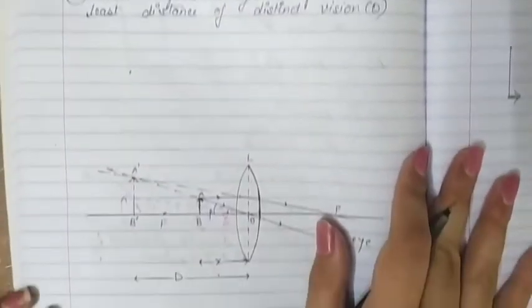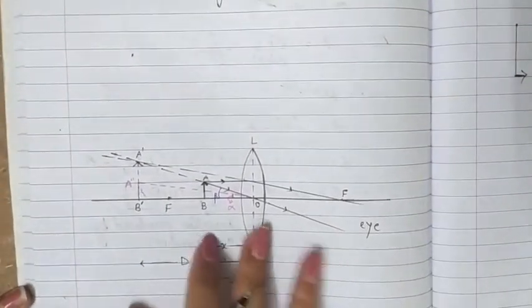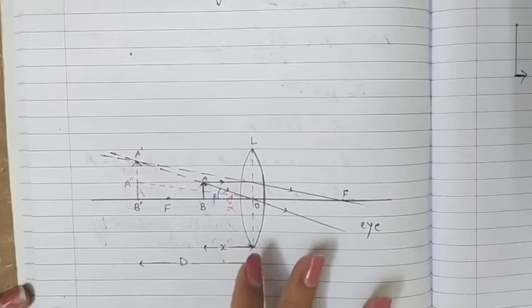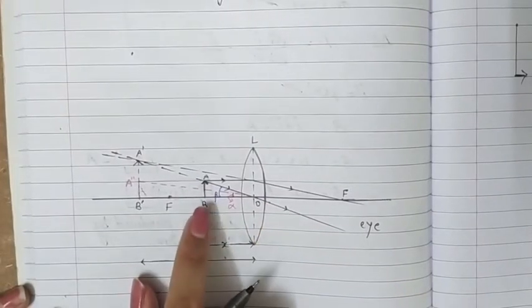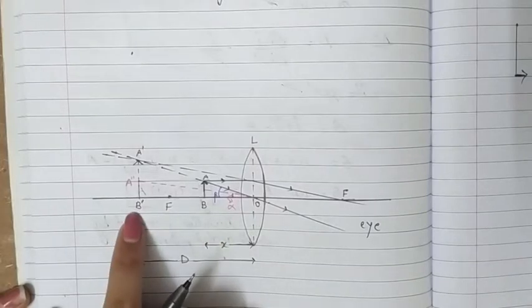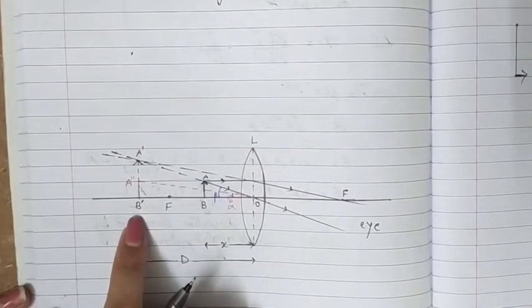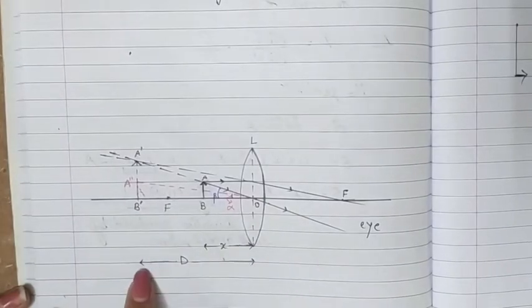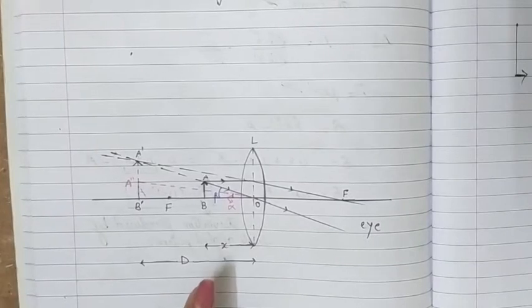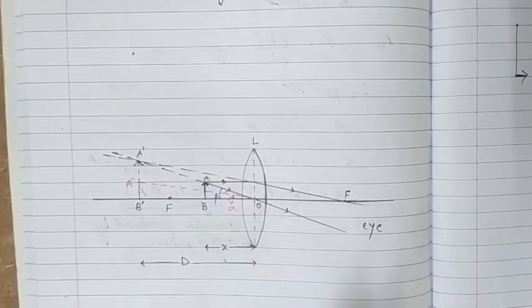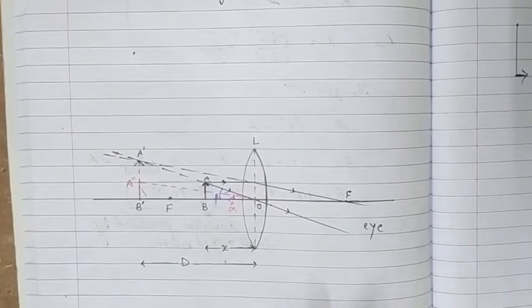the ray diagram here. Okay, so here the final image that we get for the object AB, this is the object AB, and the final image for this object we get is A dash B dash, which is at the least distance of distinct vision, that is capital D. Alright, so now we are going to consider this case and explain how this simple microscope will work.